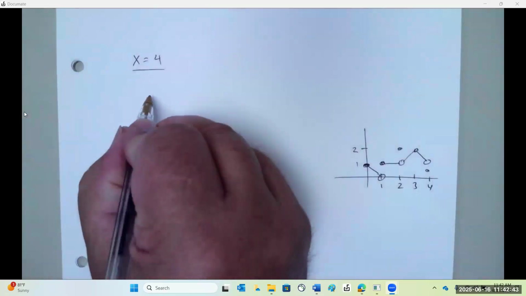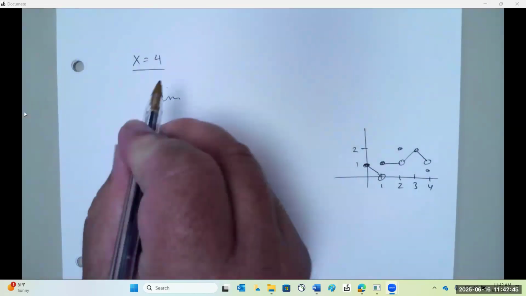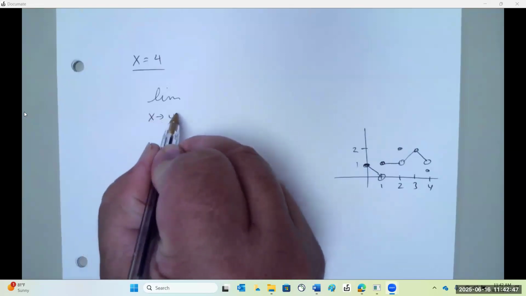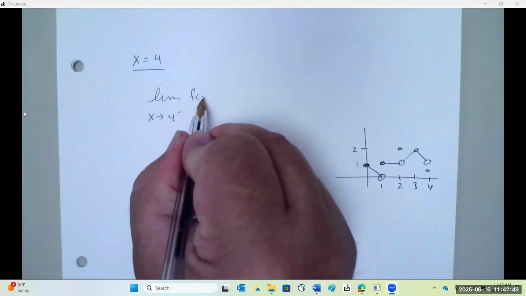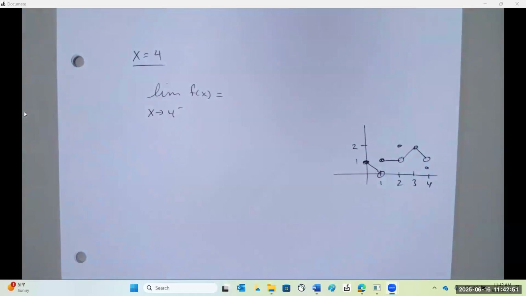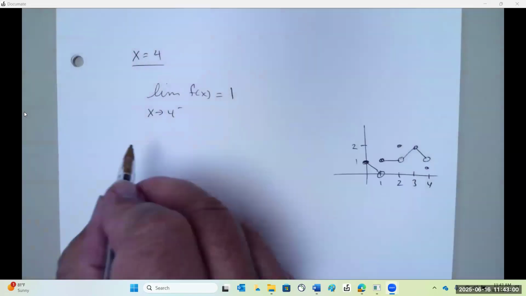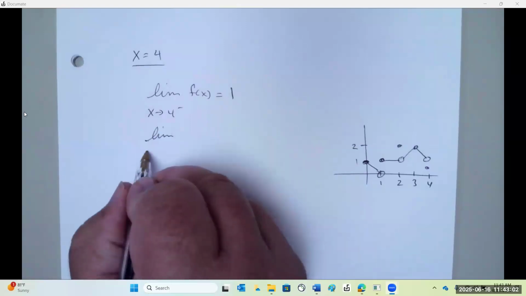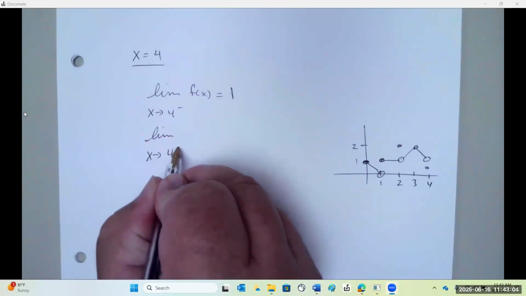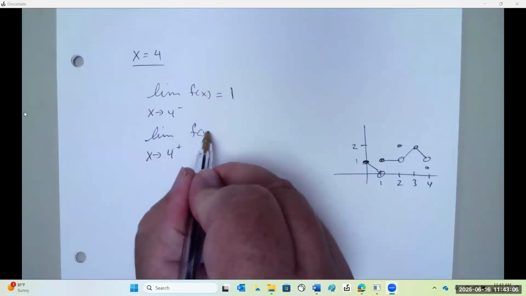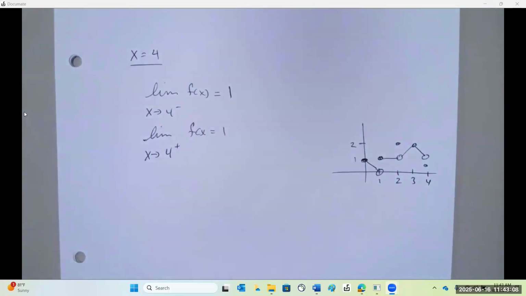So the limit as x approaches 4 from the left, what does it equal? 1. Because it's an endpoint, we can also say then that the limit as x approaches 4 from the right also equals 1 because it's at the bound of its limit.